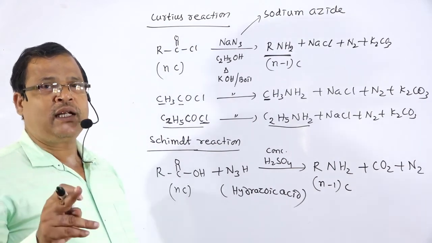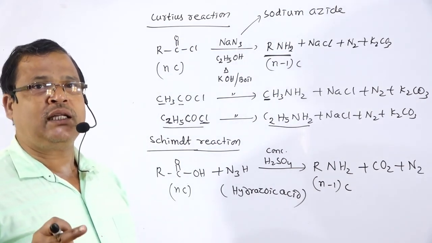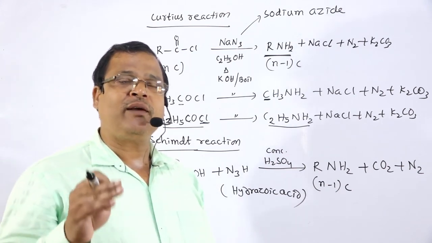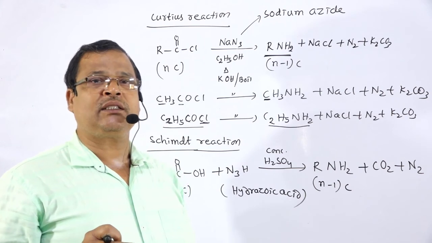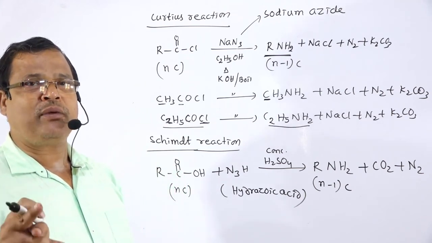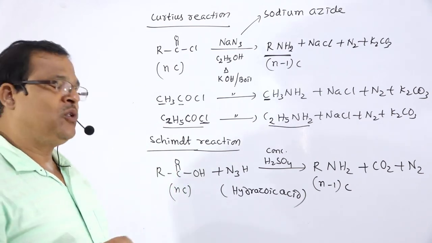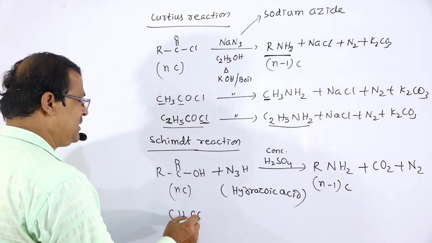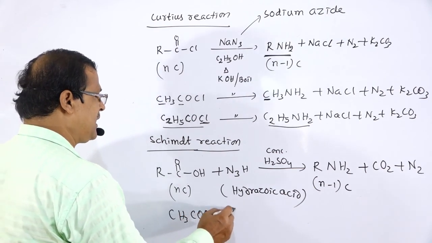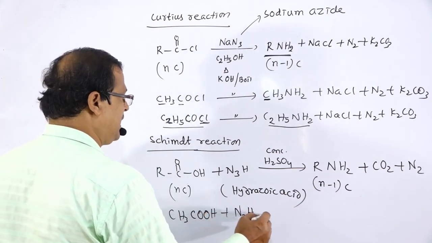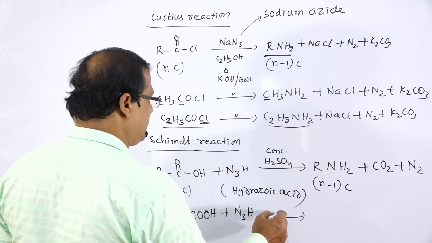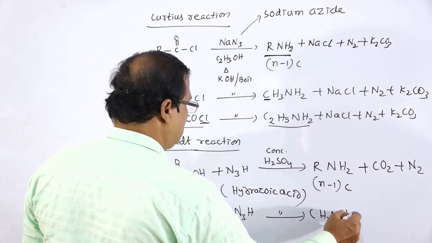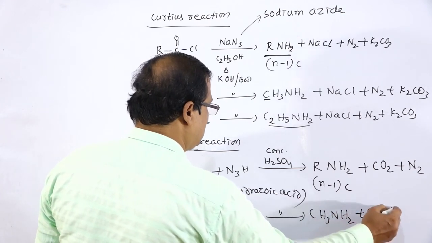Whenever acid chlorides are treated with sodium azide in the presence of alcohol and boiled with alkali, KOH, an amine with one carbon atom less is formed. For example, acetic acid CH3COOH treated with hydrazoic acid N3H in concentrated sulfuric acid gives CH3NH2 plus CO2 plus N2.